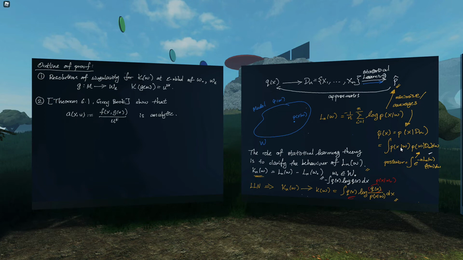And a crucial step in here is realizing that this expression is equal to K of g of u, which is equal to u to the 2k.